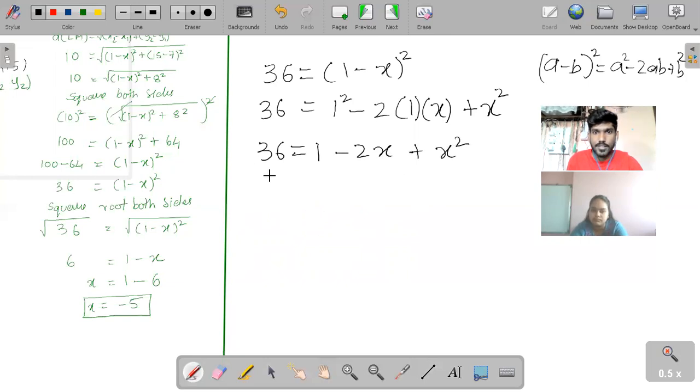Now this plus 36 that is there, you take on the other side, and this side you'll be left with 0. And I'll just rearrange this. So I'll have x square term I'll write first, minus 2x plus 1, and plus 36 that came on the other side became minus 36. Is this clear?